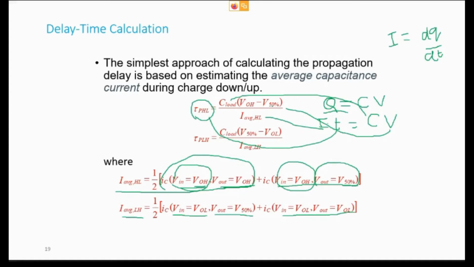This is the voltage through which your device is moving. And next is your average current during this duration, high to low. So this calculation is done on the basis of these two equations. This is how your delay time is calculated using the average capacitance current method.